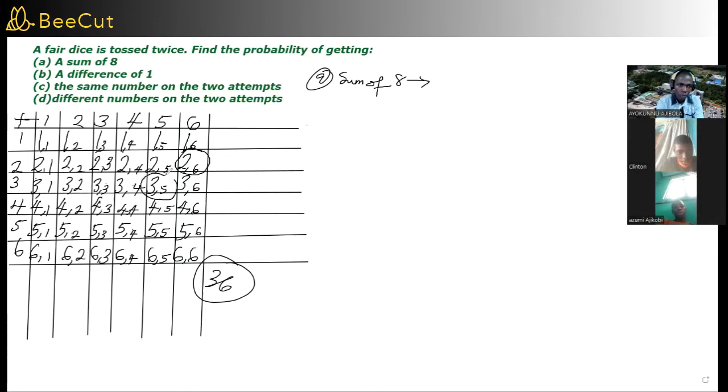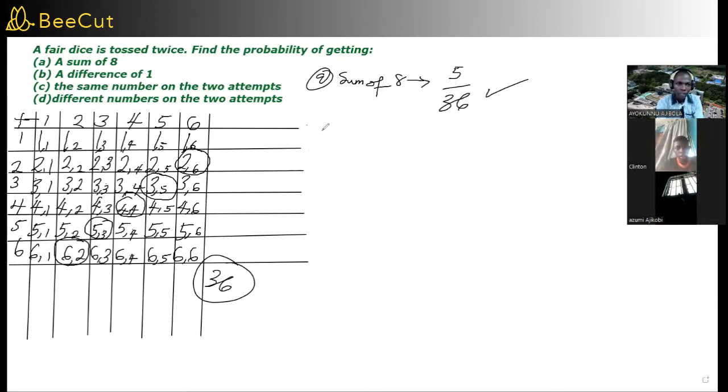Then 2. 3 plus 5 is 8. 3. 4 plus 4 is 8. Then 4. 5 plus 3 is 8. And lastly, 6 plus 2. So how many outcomes are there now? 1, 2, 3, 4, 5. So that means the probability of getting a sum of 8 is 5 over 36.